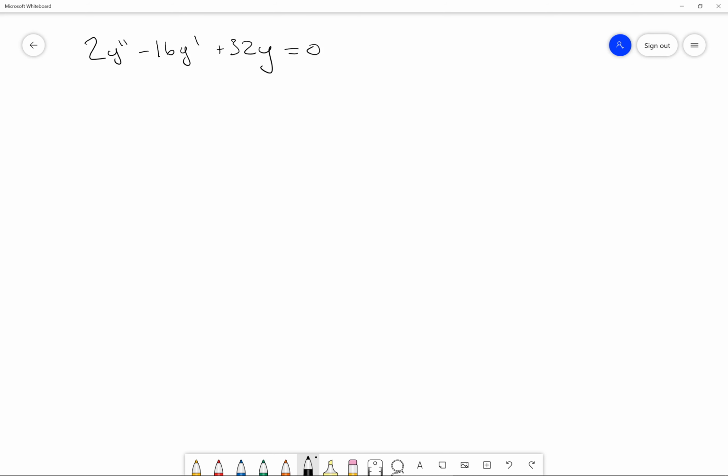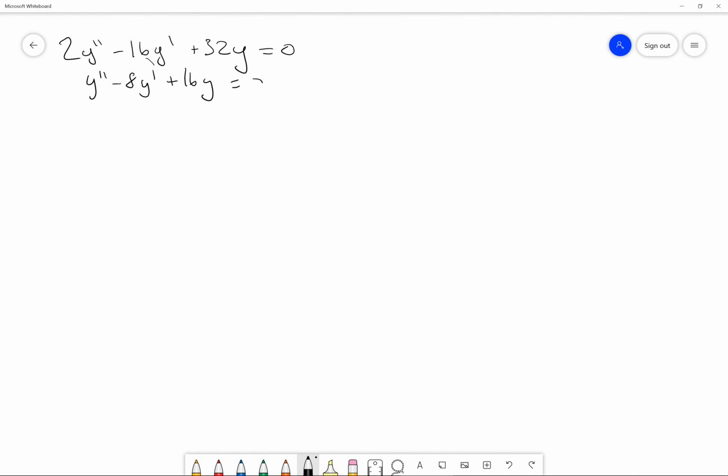Again, it's a homogeneous linear differential equation. We could simplify this even further by dividing the entire equation by 2. So we'd have y double prime minus 8y prime plus 16y equals 0. That just makes our life a little bit simpler.